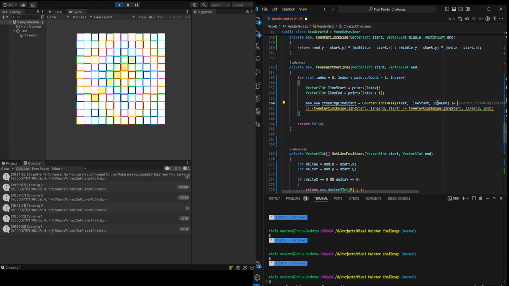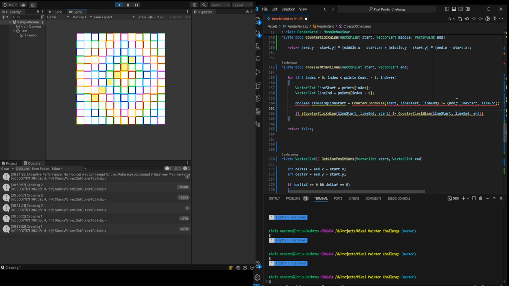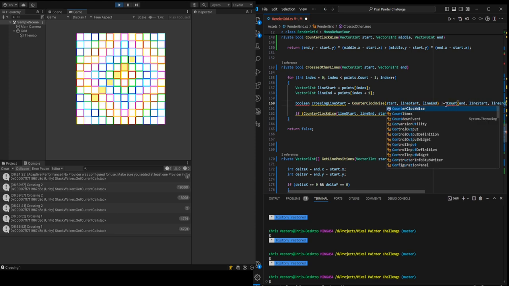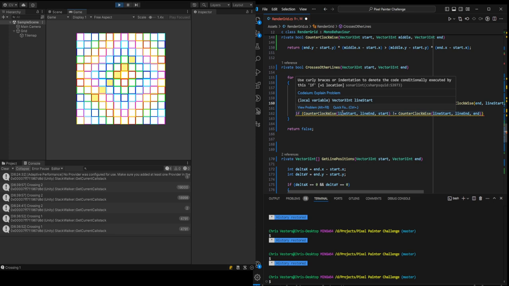That has to be different from end, line start, line end. So that is really to see whether AB crosses, or whether AB is separated.